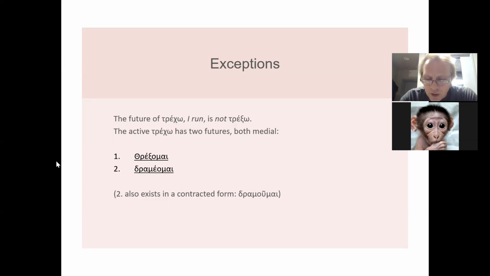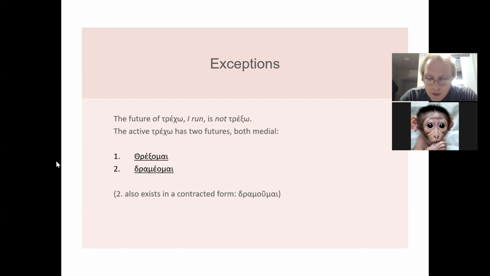This kind of extreme variation in stems between the present and the future is not very common. What is quite common, however, is that verbs that have an active form in the present only exist in the medium voice in the future.